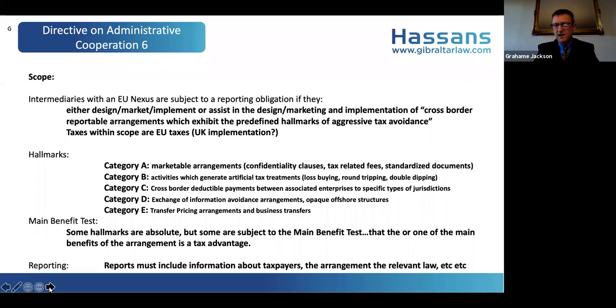So category A is marketable arrangements. That is the kind of bulk sale tax arrangement. It's divided into 3 types. The first is wherever there is a confidentiality clause, which specifically relates to how the arrangement saves tax. Secondly, if the arrangement has a tax-related fee element, so whether the intermediary receives a fee at all if tax is saved, or whether the fee is related to the amount of tax that's been saved.